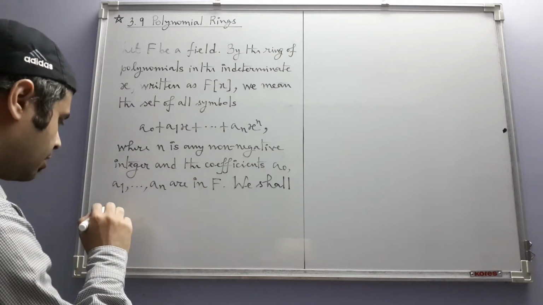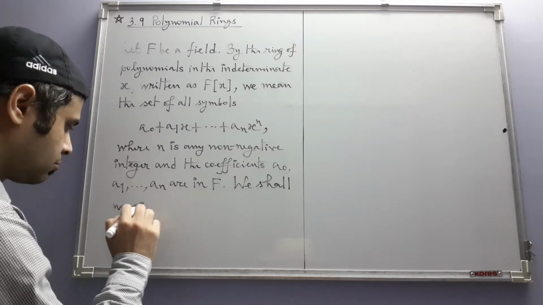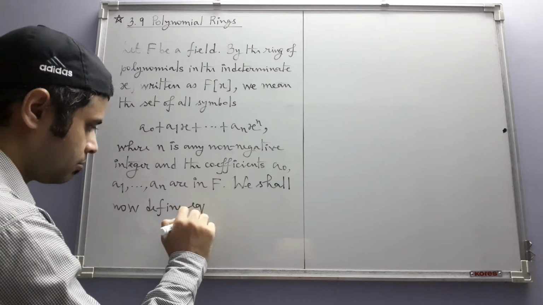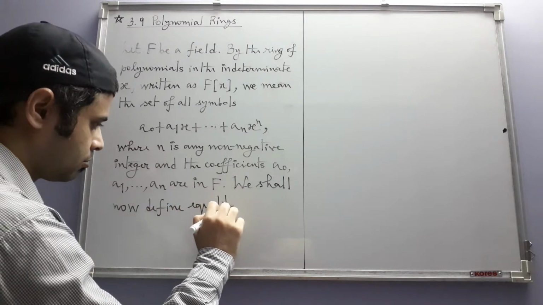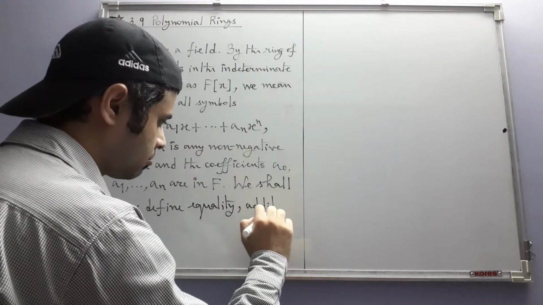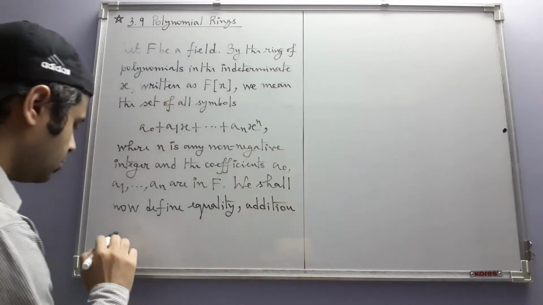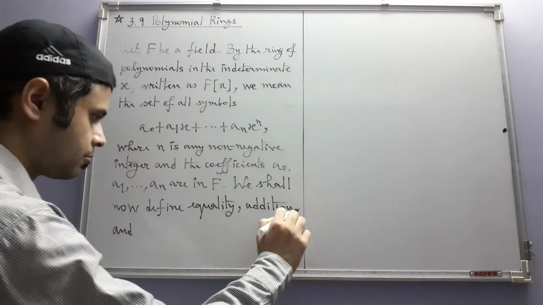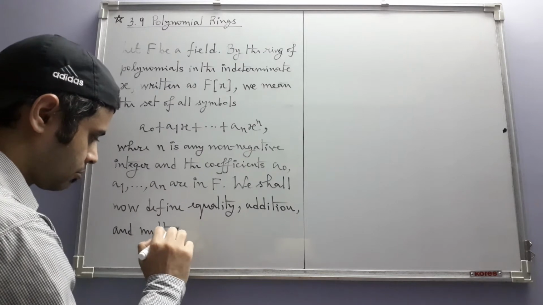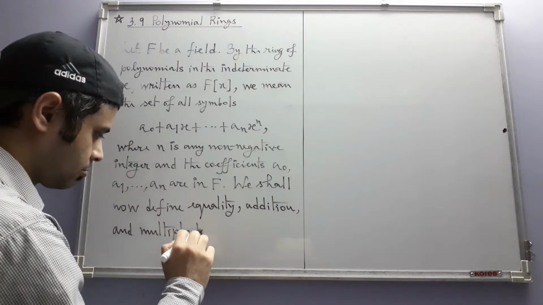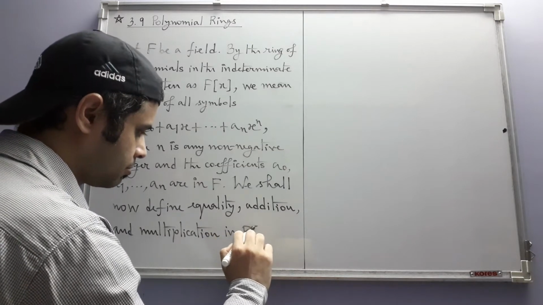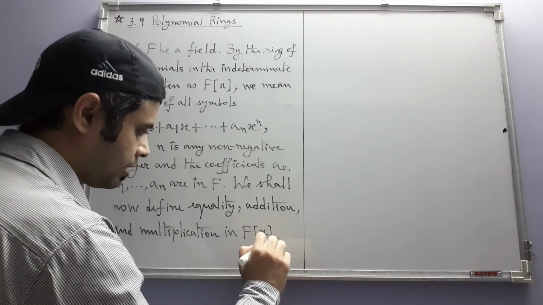So we shall now define equality, addition and multiplication in F[x].